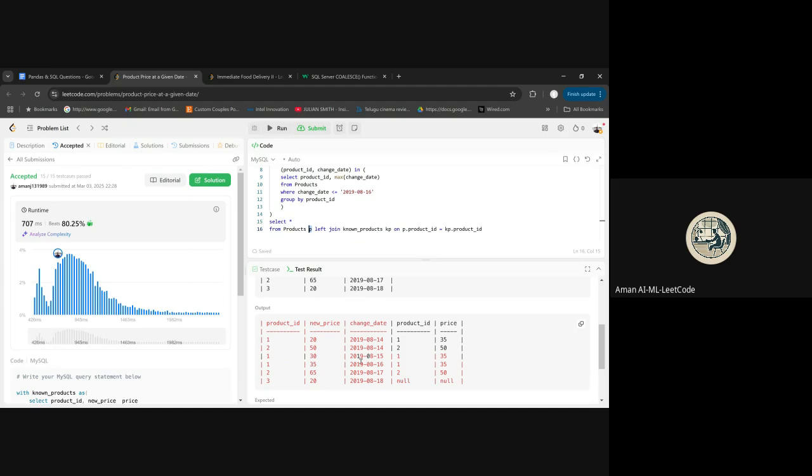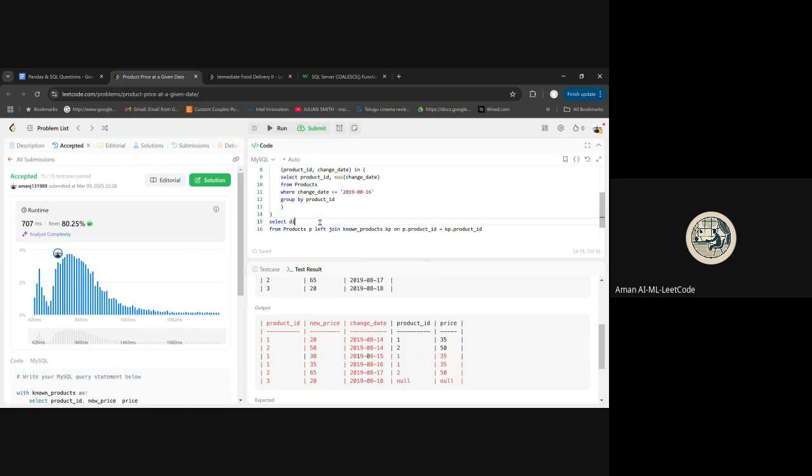I'm going to do a left join here. Product ID 1, match there. If I do a left join, it will give all the IDs. We have to left join with known products, so this 135 will repeat, right? This 135, this 135, all of it will repeat. So we want to get distinct values from there.